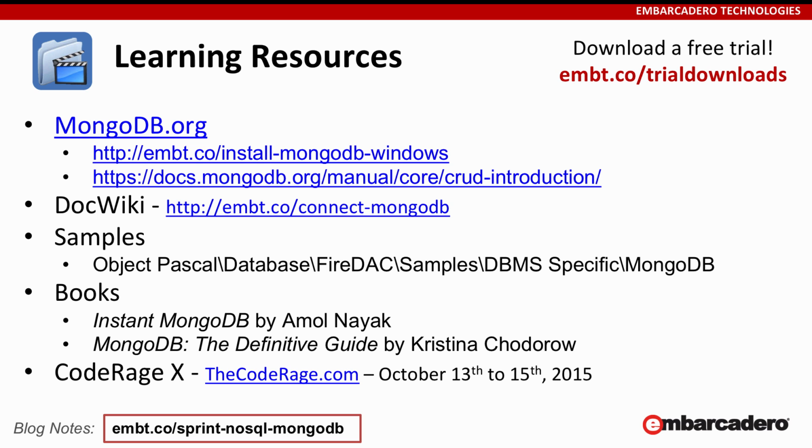Okay, so in a product catalog, you might have one product that is clothing, and clothing has sizes and colors, right? And then you have another product type that is automobiles. Automobiles have miles per gallon and an entirely different set of information about them. So if you try to normalize all these different types of products into a traditional RDBMS like SQLite or Interbase, that would be a lot of work.